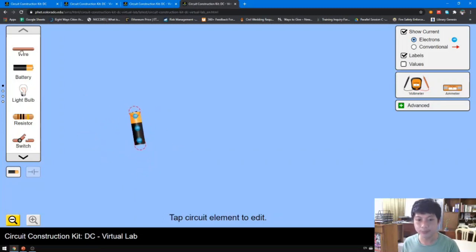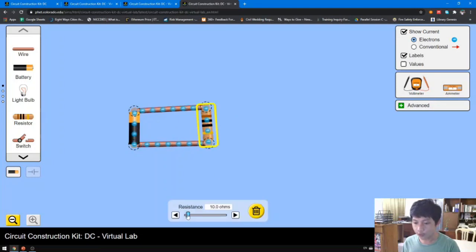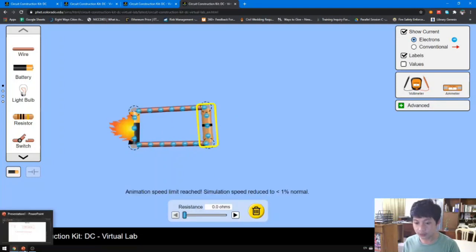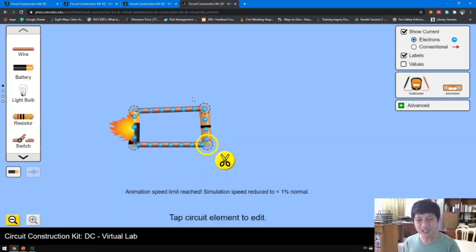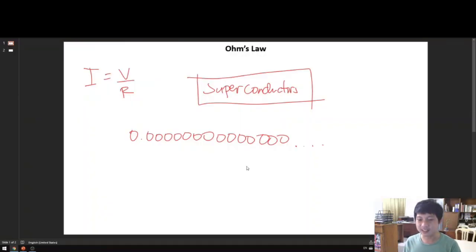So we put a resistor here. You can see here, if we make a zero resistance here, what this really means is this.